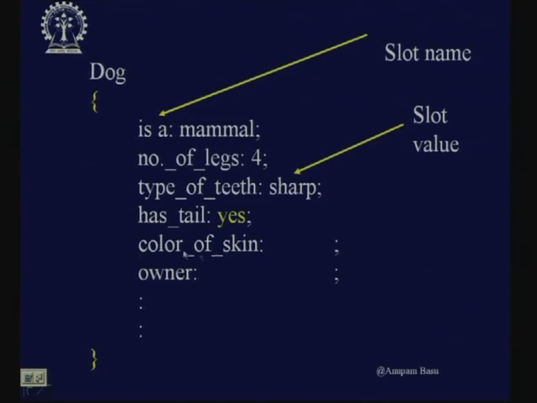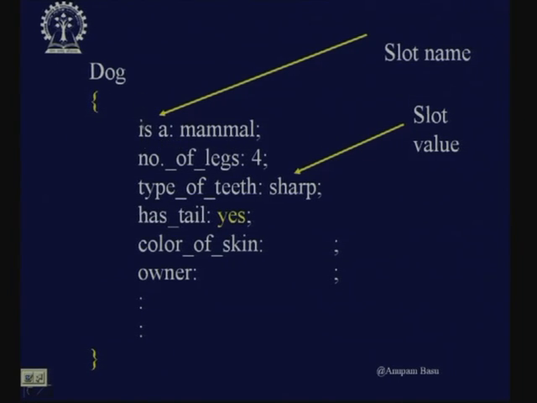Okay. Look, it reads a dog is a mammal. That means it is saying that the concept dog is connected to the concept mammal, or the class dog is connected to the class mammal through the is-a relationship which we are showing. Besides, there are these attributes like number of legs, type of teeth, has tail, color of skin, owner, etc. Now, you see, these are the slot names, and these slots can have values which are called the slot values.